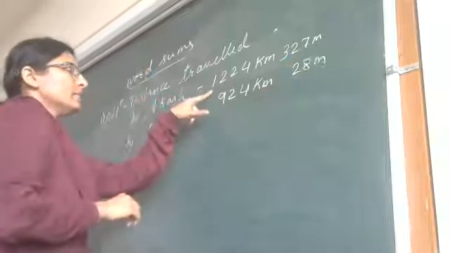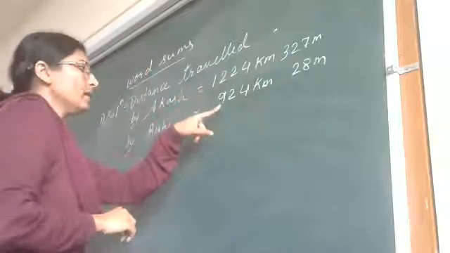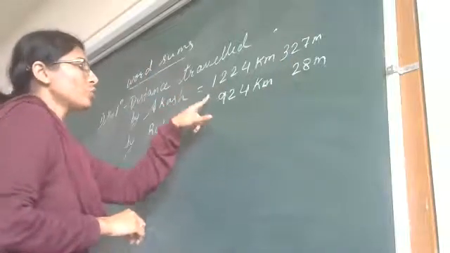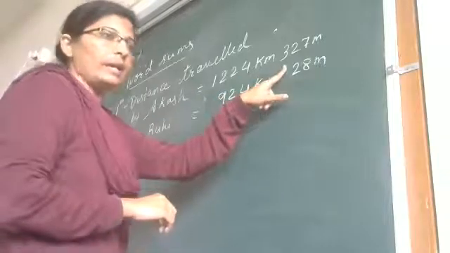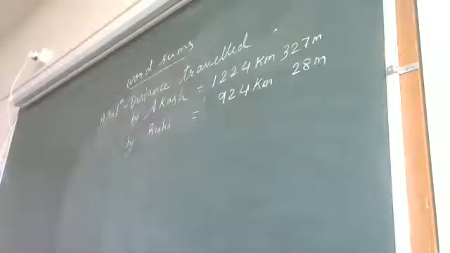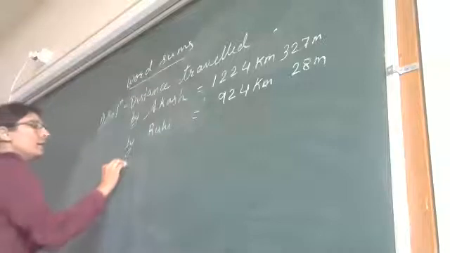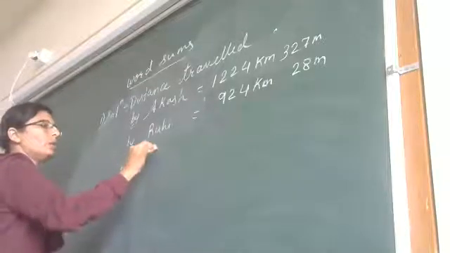So here you can see this is 1200 and here 924, so I have left the thousands place here, and the hundreds place also. Next, distance traveled by Parul.